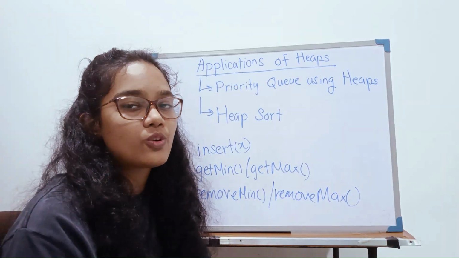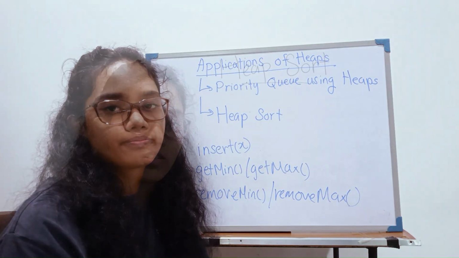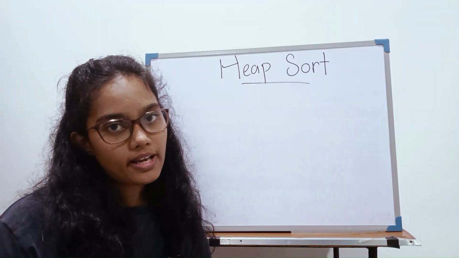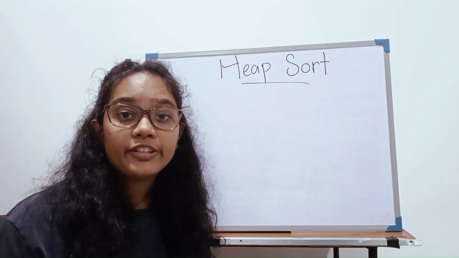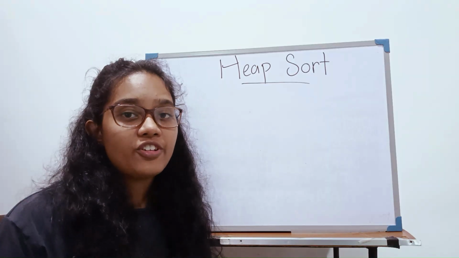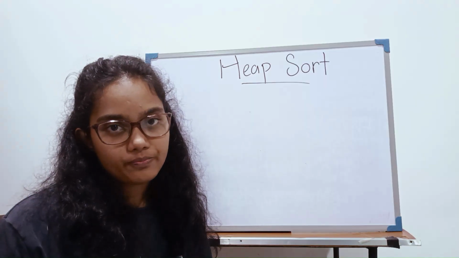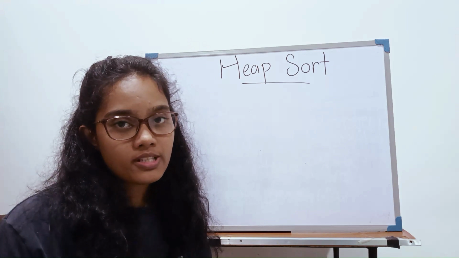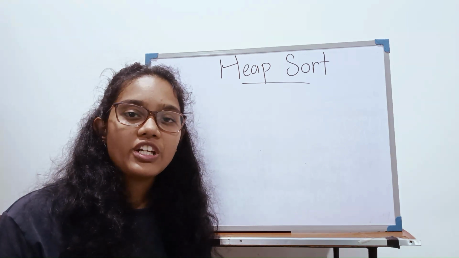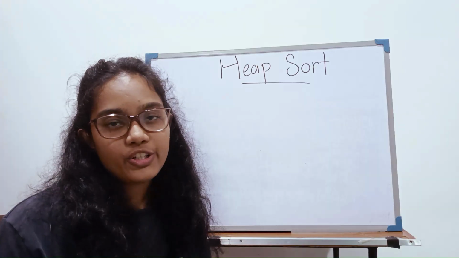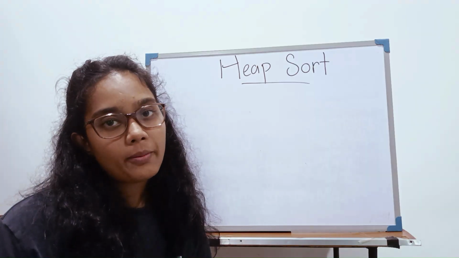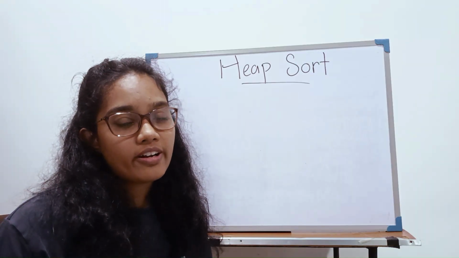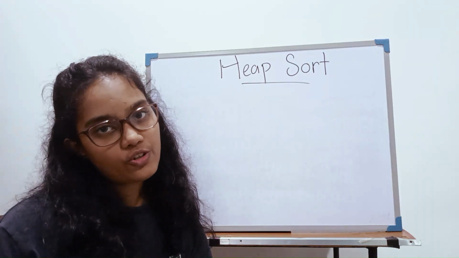Next, let's look at the heap sort. A heap sort is a comparison based sorting algorithm, and it uses a heap to efficiently sort the elements. So there are some steps to perform this heap sort. First, we need to turn the array into a max heap or a min heap, depending on whether we want to sort the array in ascending order or descending order.